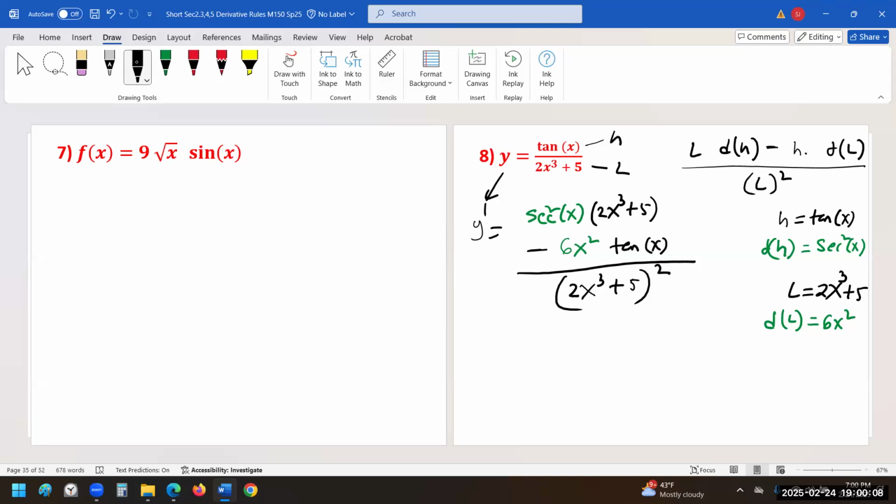You can leave this alone if it's just telling you to find the derivative. However, if they're asking what's the horizontal tangent line for this function, then you have to simplify the top. Okay? So for this exam, I'm not going to ask you.